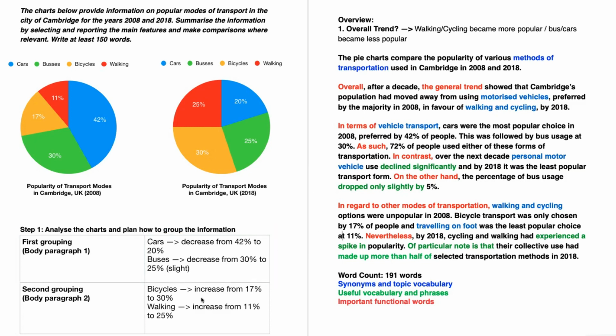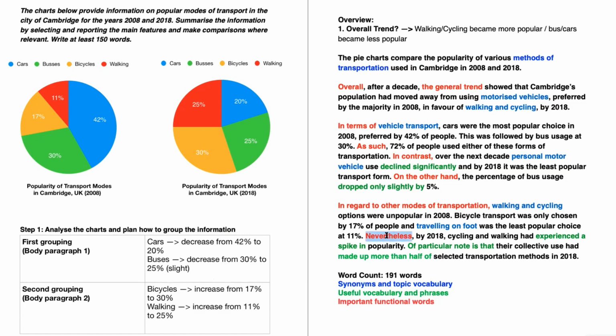Now, our body paragraph 2 is talking about these other modes of transportation. So I've said, in regard to other modes of transportation, walking and cycling options were unpopular in 2008. So you see it is the smaller group and segment of the whole chart. So I said bicycle transport was only chosen by 17% of people, which we saw here, and traveling on foot was the least popular choice at 11%.